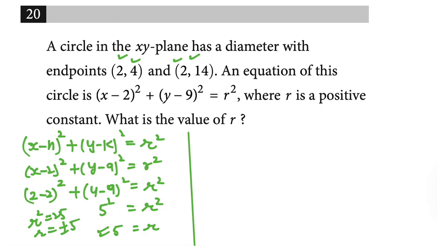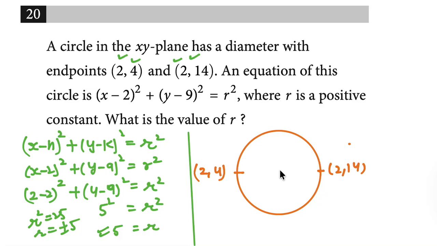That is one way. Now if you observe the pattern here, you can say it's a beautiful question. Diameter endpoints are (2, 4) and (2, 14). You can see this 2 and 2 are the same, x is the same. So if you imagine it on the graph, the points will be something like this. That means when the x value is the same and the y value is changing, it is parallel to the y-axis.